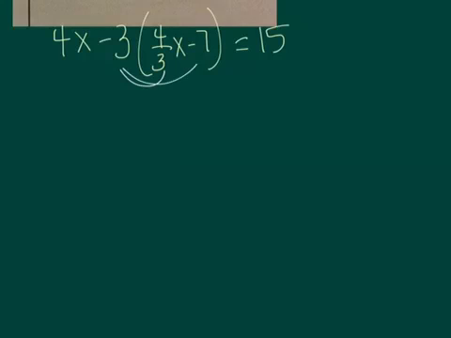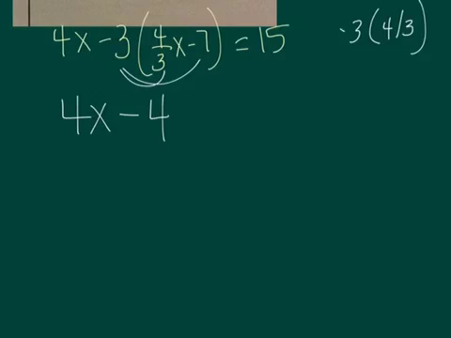Should be telling me distributive. 4x. Now in your calculator you have negative 3 times parentheses 4 over 3. You should get minus 4, and there was an x with that. Now I have negative 3 times negative 7. That's positive 21 equals 15.